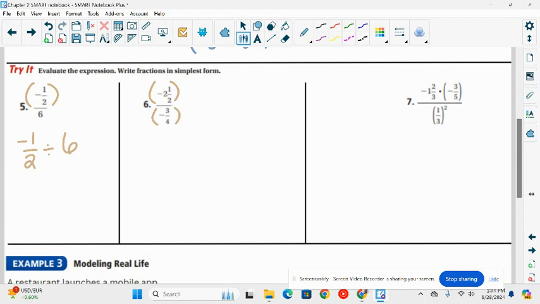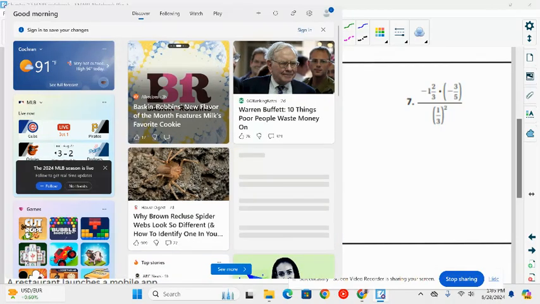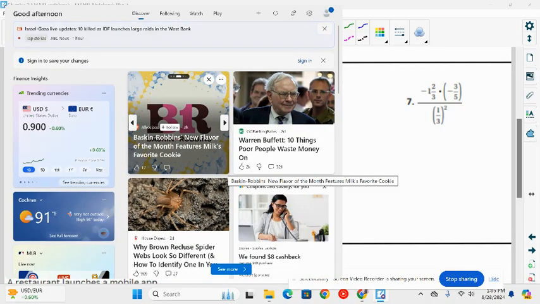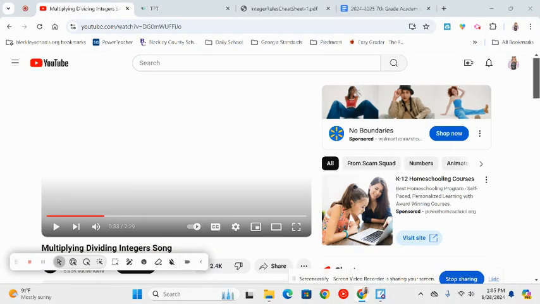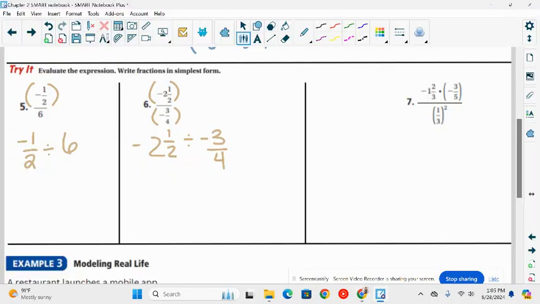Negative 2.5 divided by... and you're right, you have to go around the world, and then you have to keep, change, flip.